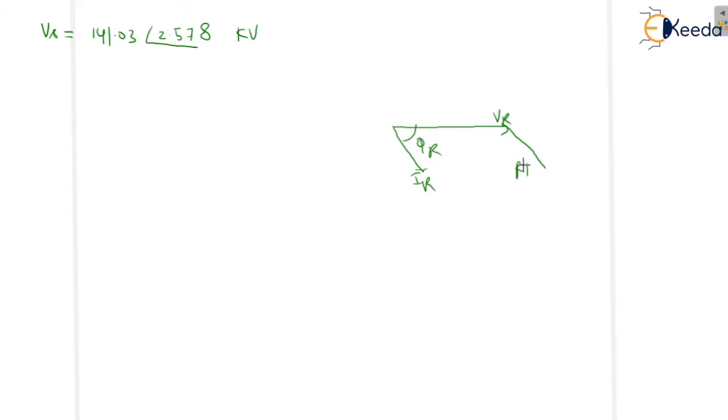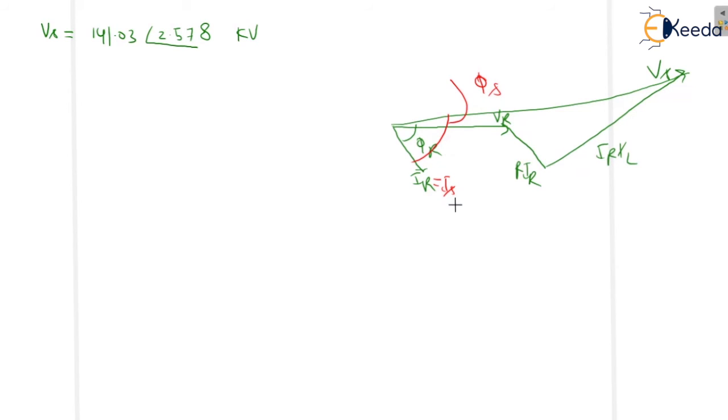This is R into IR and this is IR into XL, and this whole value will be equal to Vs. The whole angle between Vs and IR equal to IS is called phi S. Vs we have calculated at 2.578 and this angle phi r is equal to 36.86.